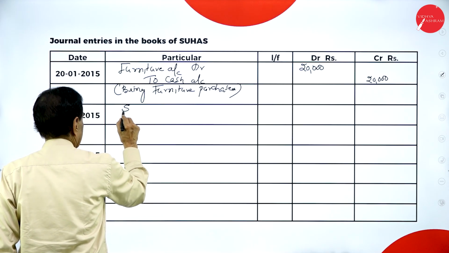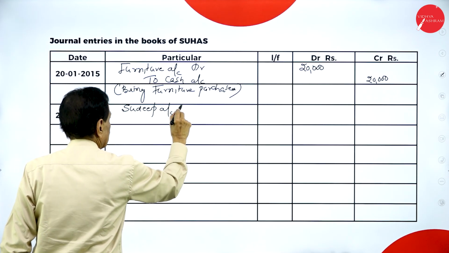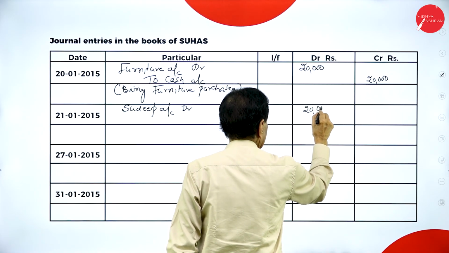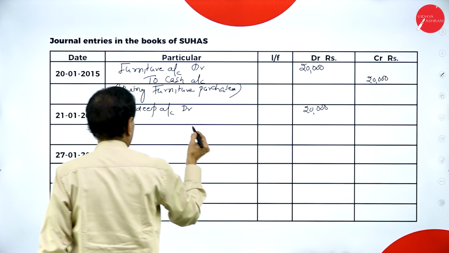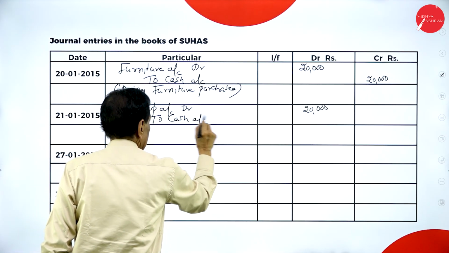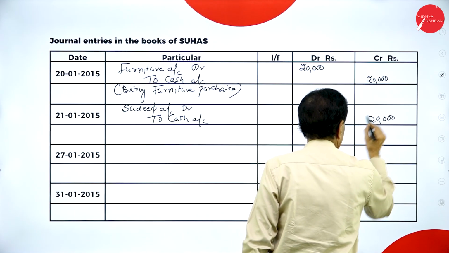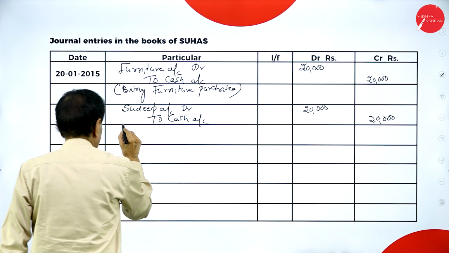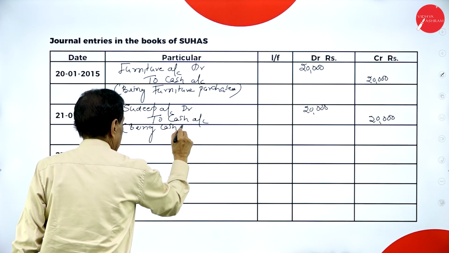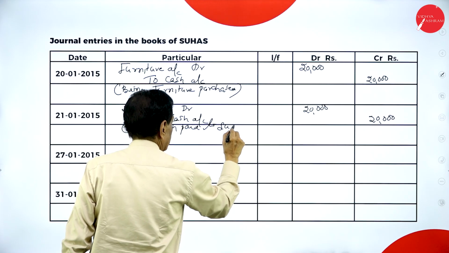Sudeep account debtor $20,000 to cash account, $20,000. Being cash paid to Sudeep.